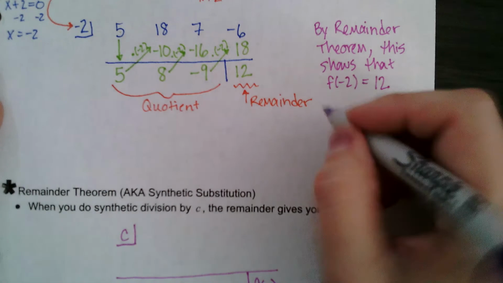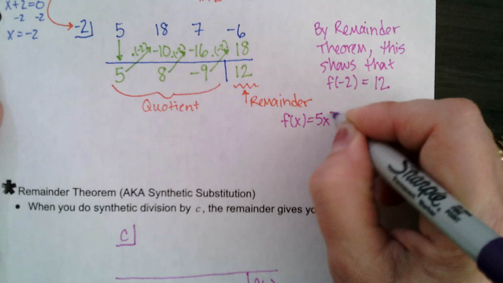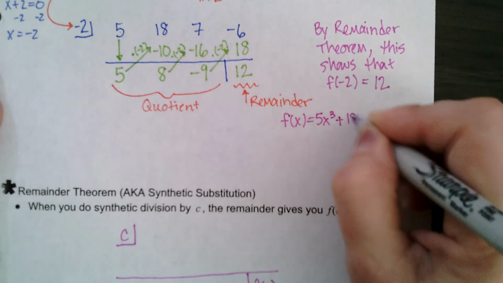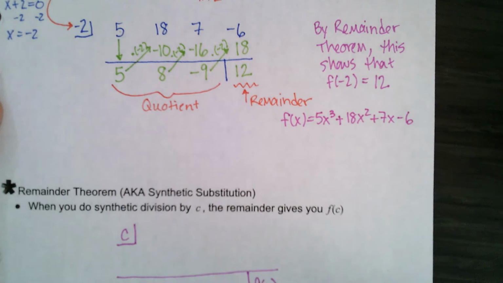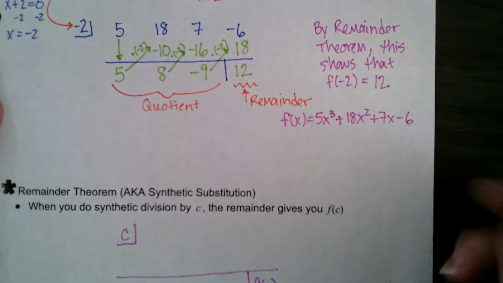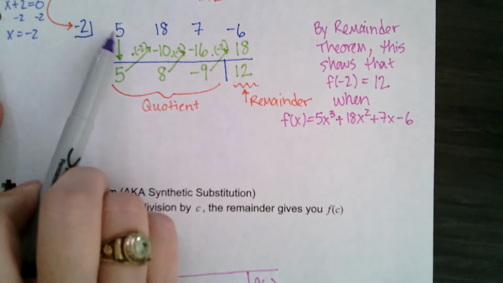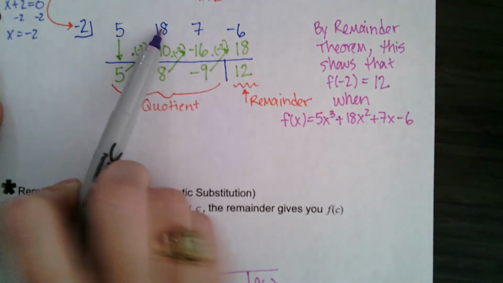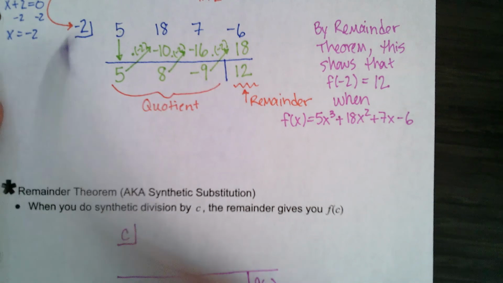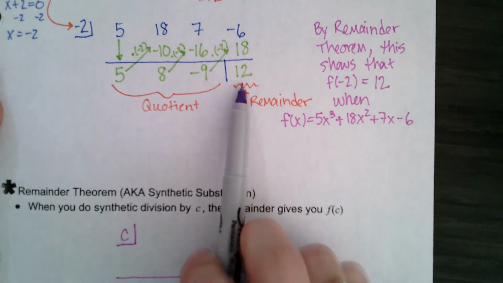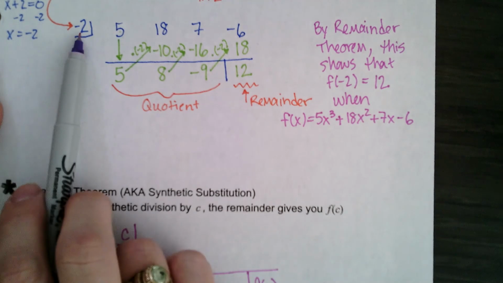So in other words, if f of x was 5x cubed plus 18x squared plus 7x minus 6, that's this row, 5x cubed, 18x squared, 7x minus 6, and I substituted in -2, and what I got out was 12. So the remainder theorem is a little handy to do a couple of things.